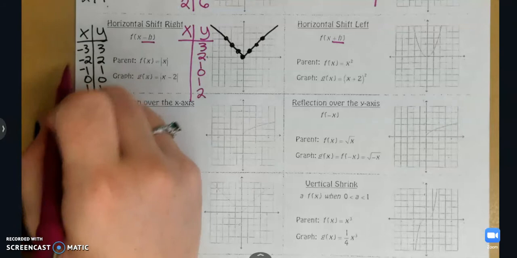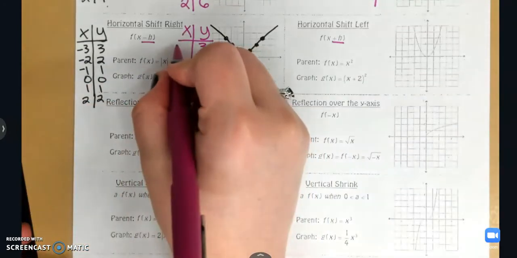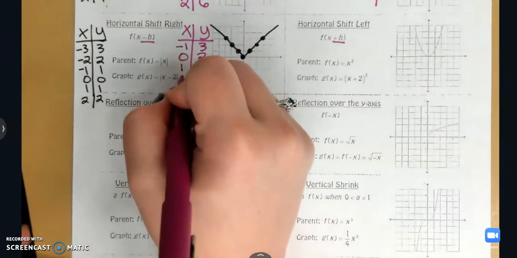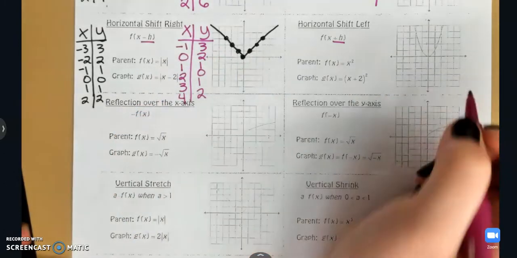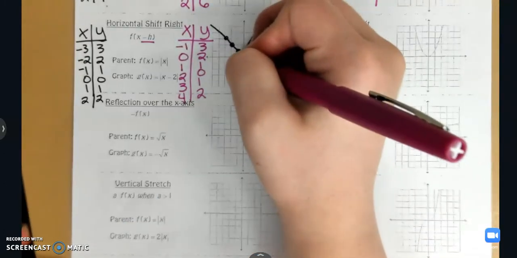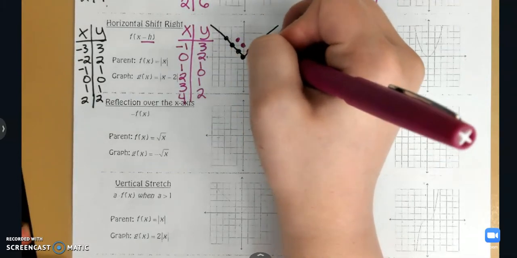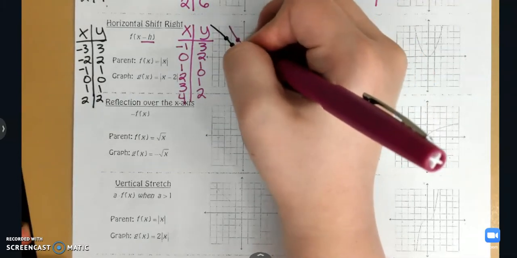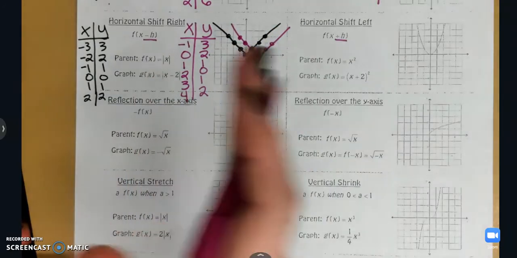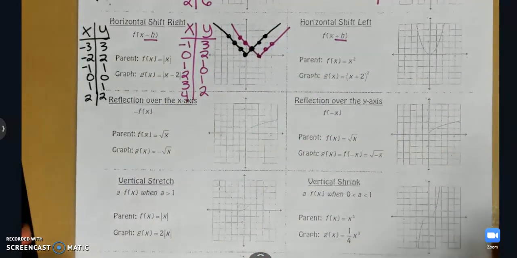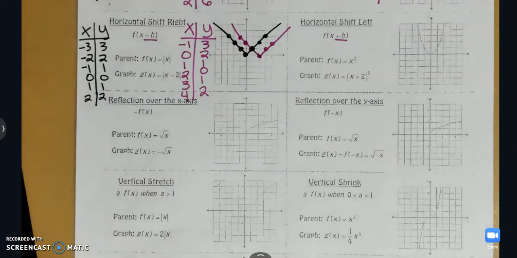So I'm going to add 2 to each of my x values. Okay. And I'm going to go ahead and plot them. And it's shifted 2 units to the right. So each of my x values increased by 2.